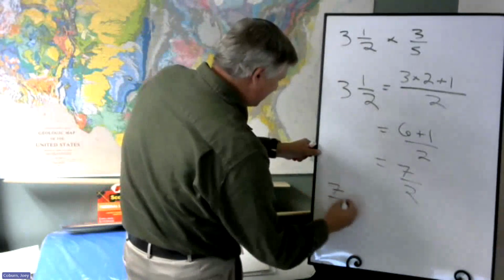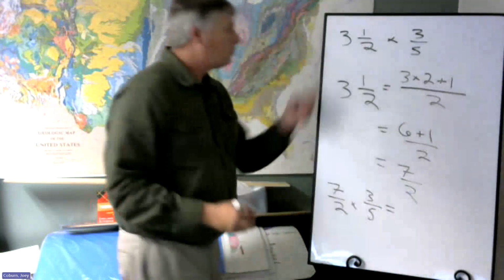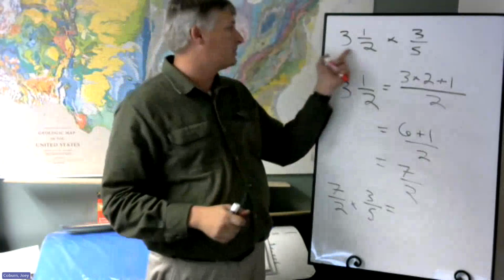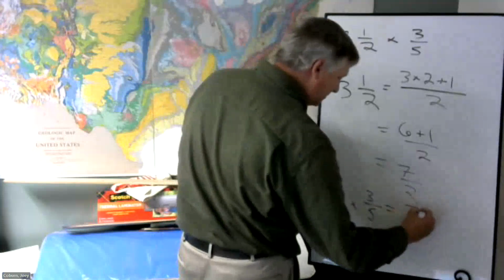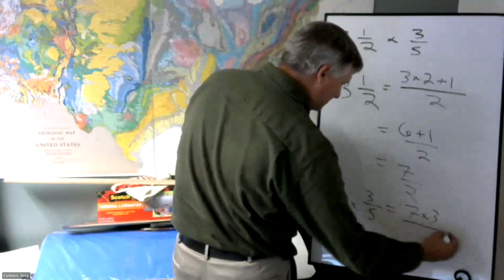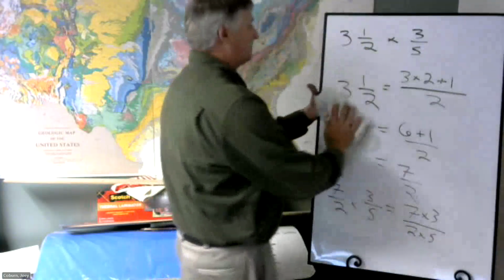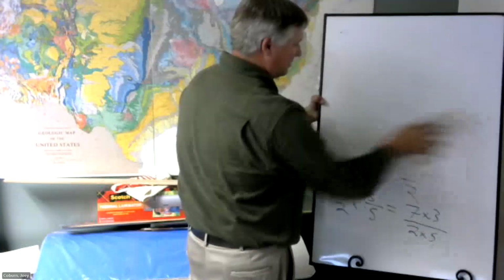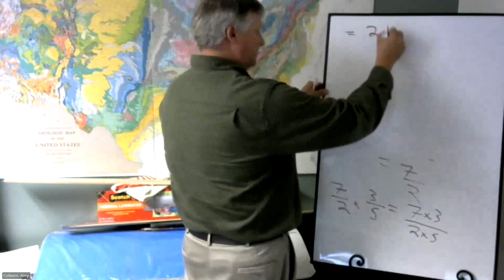So now when we do the multiplication, it's 7/2 times 3/5. So when you're working with mixed numbers, we want to make sure these are converted to improper fractions first. Now, multiplying directly across, we get 21 over 10.